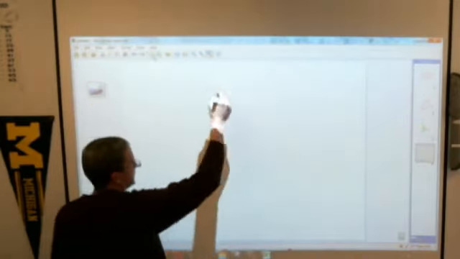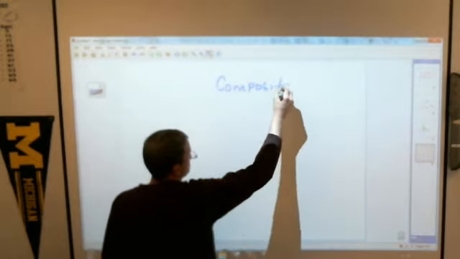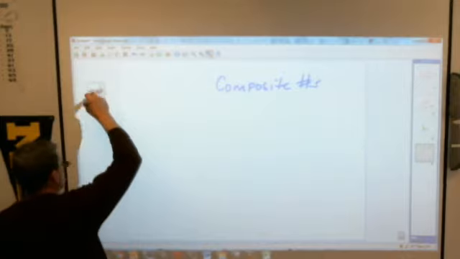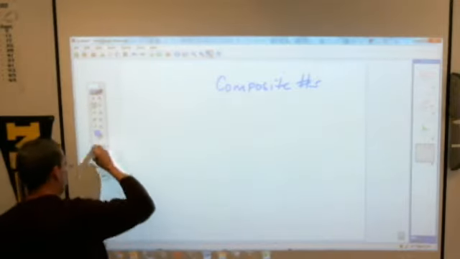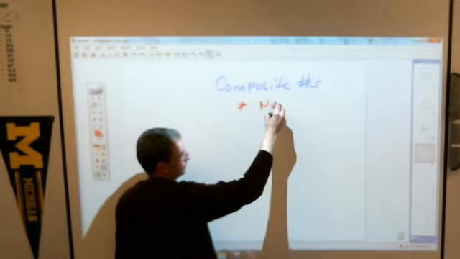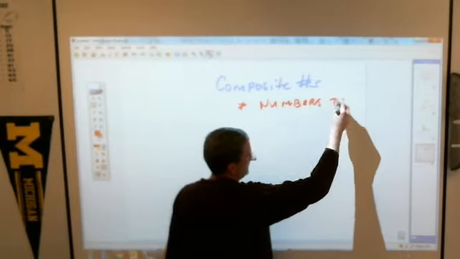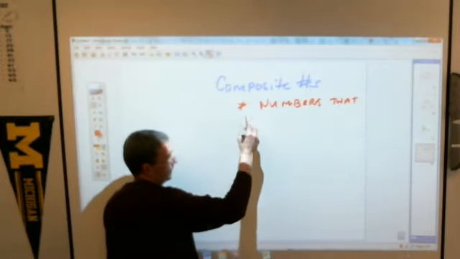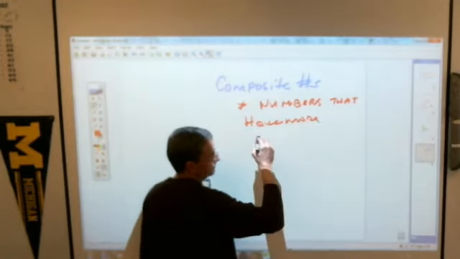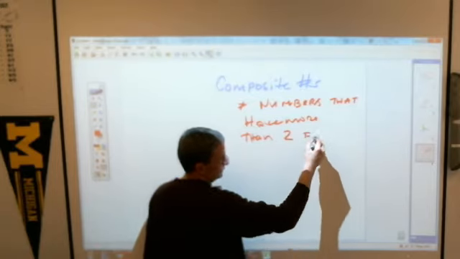So the first thing we write down is composite numbers. And simply under this, all you need to write is numbers that have more than 2 factors.